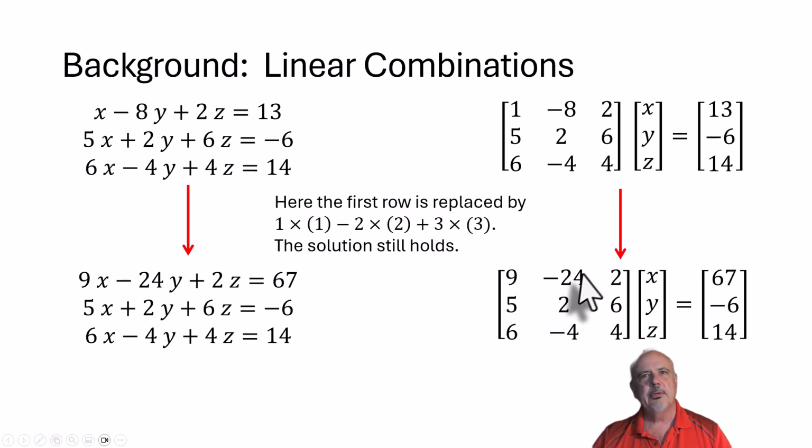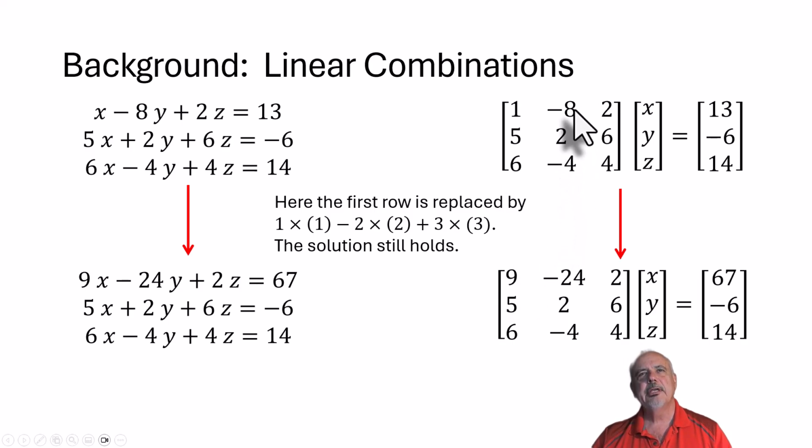And if I think about the matrix representation here, see if this makes sense. I'm going to take 1 times 1, so that's 1, minus 2 times 5, so that's minus 10, so that's going to be minus 9, and then I'm going to say plus 3 times 6, so that's plus 18, that's going to be plus 9, so that's how I got that.